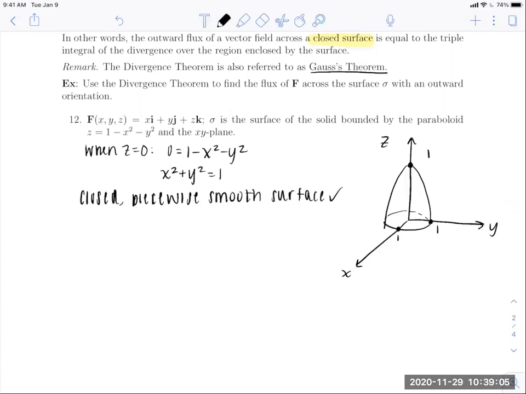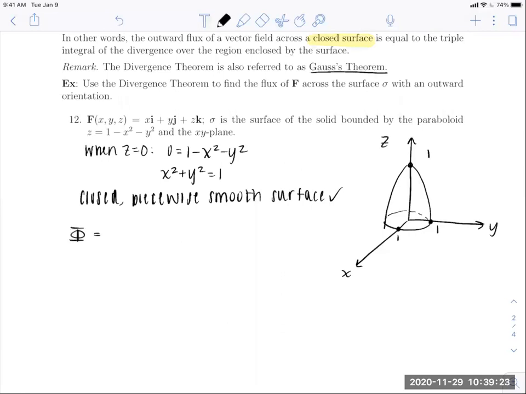All right, and we can just say here by looking at a glance that our vector field has continuous first order partials. x, y, and z all have partials of 1 or 0, so we're good there. So we can apply the divergence theorem.